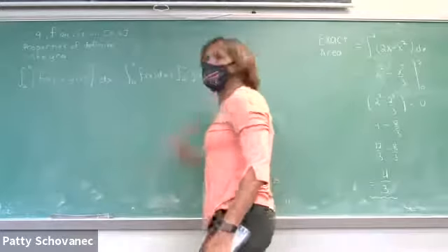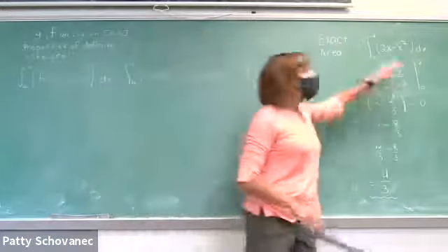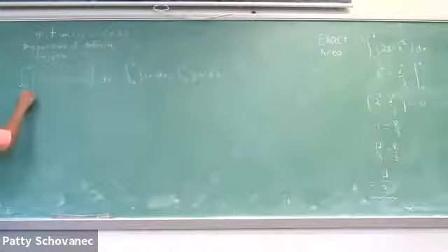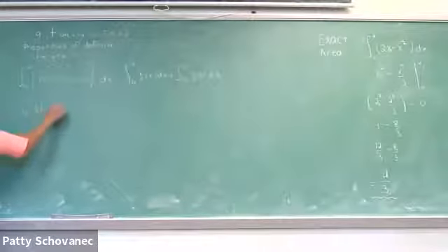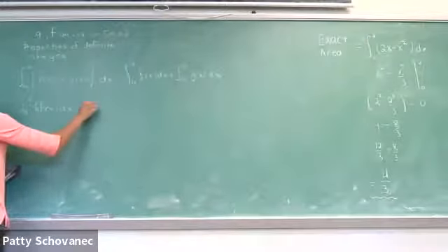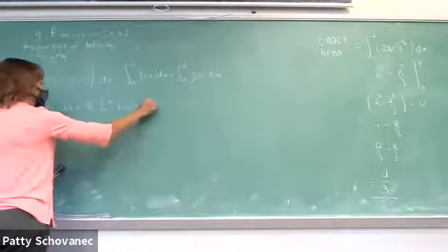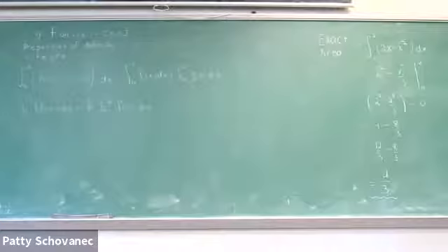Do things term by term. I didn't worry about numbers because you can always put numbers on at the end. So just like with an indefinite integral, I can factor numbers out that are multiplied. So those are the same as the properties of what we call the indefinite integral, just the general antiderivative. You can do that with the definite integral.